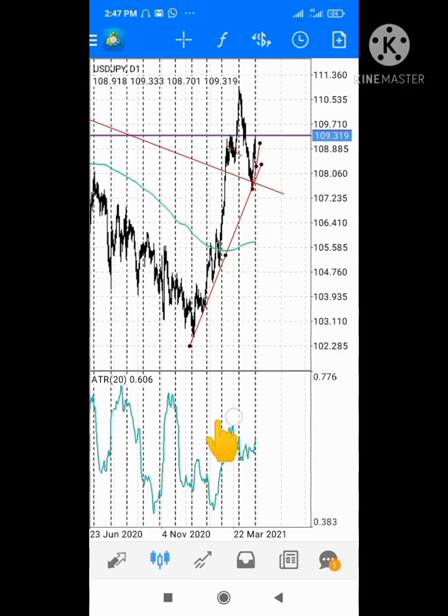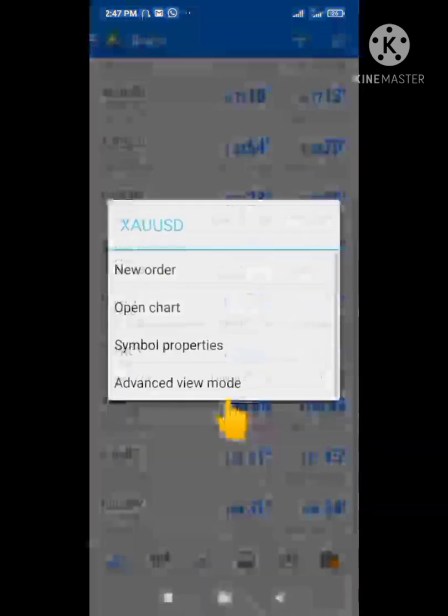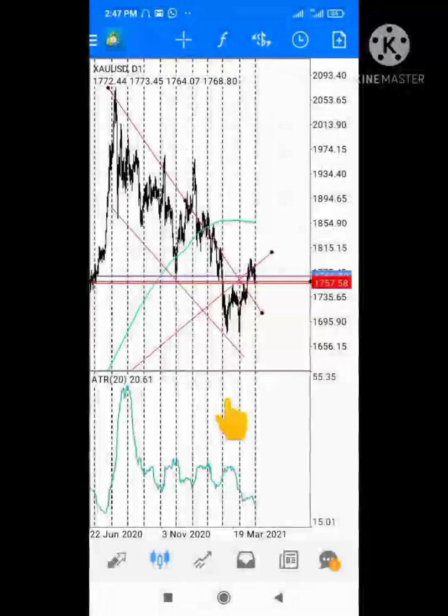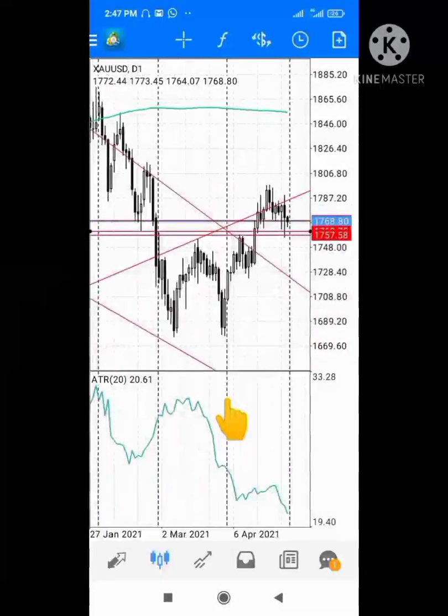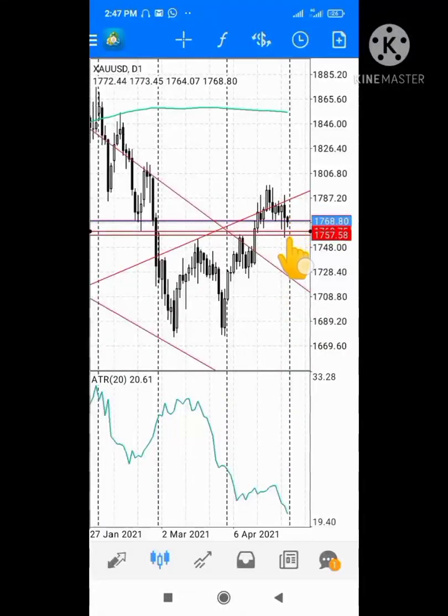By the time I go back to gold, if I open it now, as the other one is moving up, I'm expecting gold to move from here to this region. Are you getting the point? Because the two move in opposite direction.